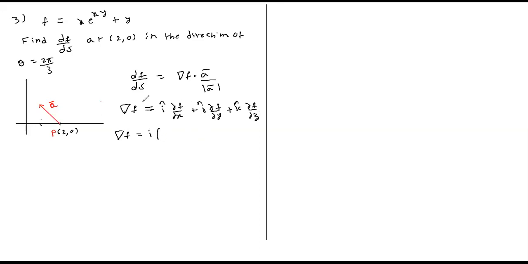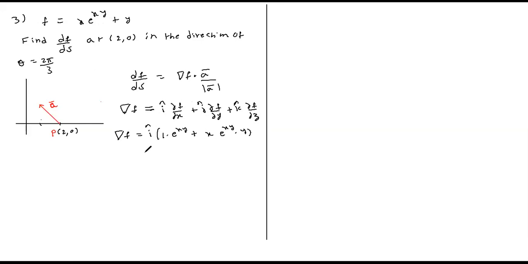So what is del f according to this? i into what is the partial derivative of f with respect to x? You have to apply the UV rule, right? The x derivative is 1 into e power xy, plus x into e power xy into y, differentiating xy with respect to x. Do you agree?